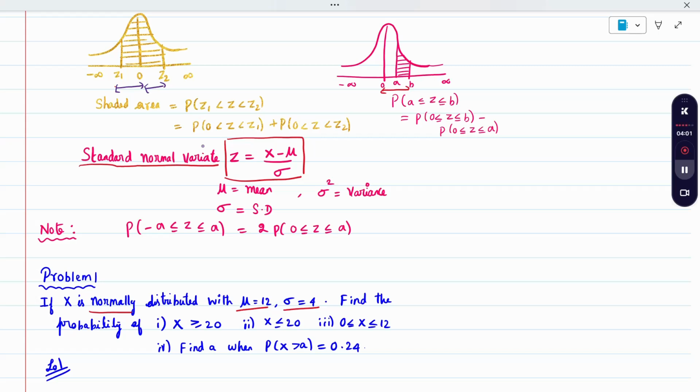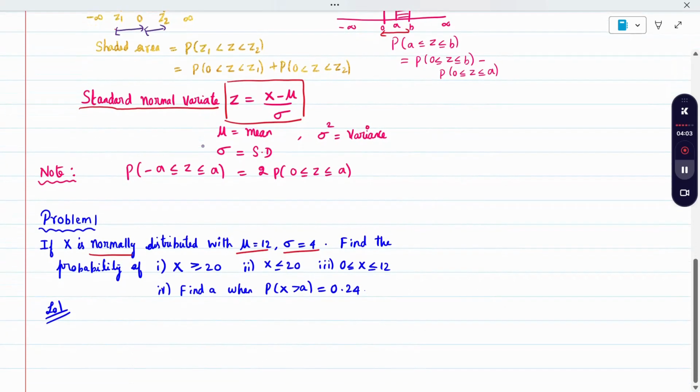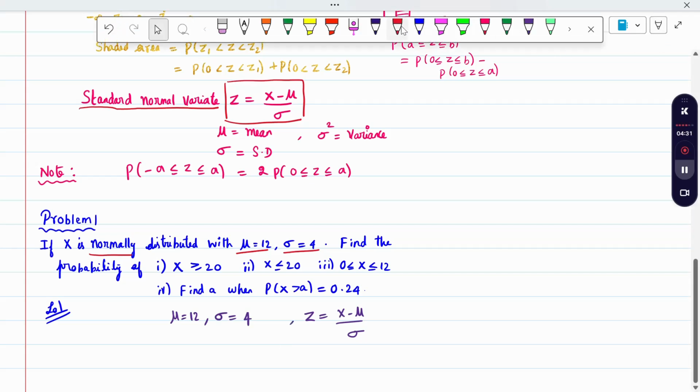For the first problem: if X is normally distributed with mean mu equal to 12 and sigma equal to 4, find the probability of 4 subdivisions given. One by one we'll do. First, the mean is given in the question as 12 and sigma as 4. The standard normal variate Z is x minus mu divided by sigma, and we have to write that.